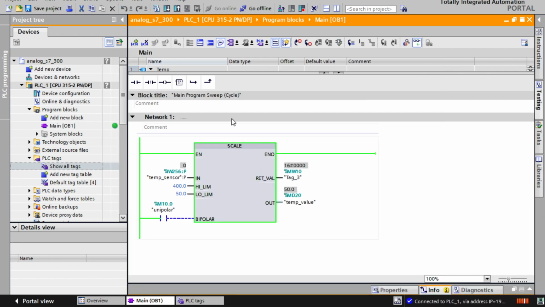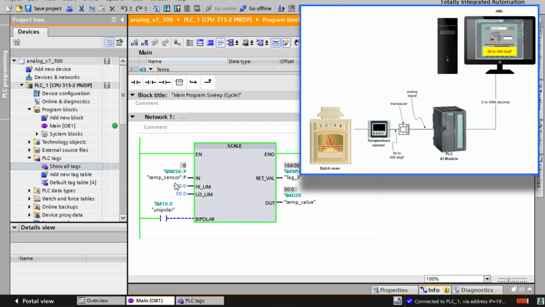This simulation environment simulates a situation where a temperature sensor, which is the analog input, is reading the temperature value of an oven. Now the temperature sensor is reading analog input as 0. When it is 0, the system will read 50 degrees Fahrenheit. If we look at our example figure, the maximum value for the temperature sensor is 4095.